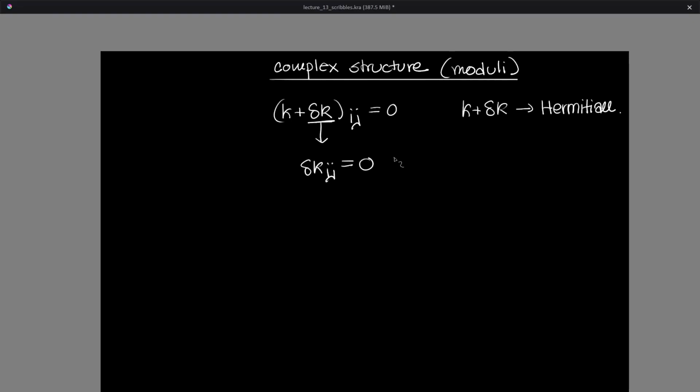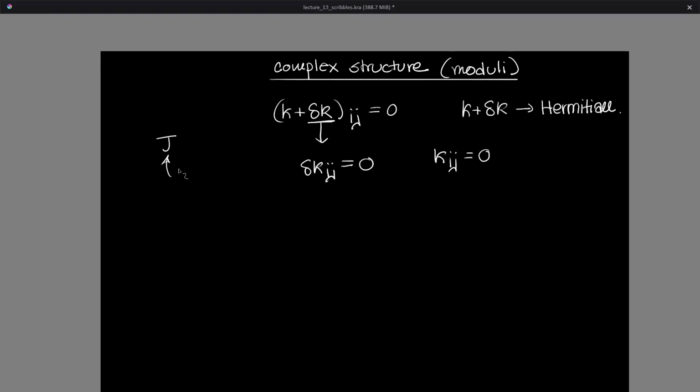Not only is this trivial, it would just reduce to K ij being equal to 0, which is the same thing as saying the original metric is Hermitian, which isn't saying that much. But also, it's not with respect to the old complex structure that we want it to be Hermitian, right? Because as we discussed in the section with the Kähler moduli, having a 2-0 form be added to our metric actually changes the complex structure, J, right?